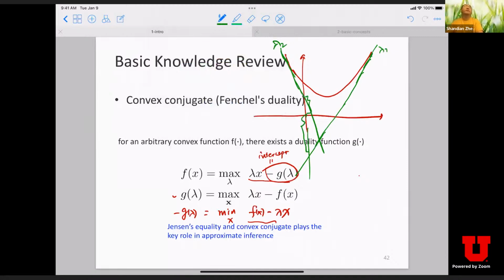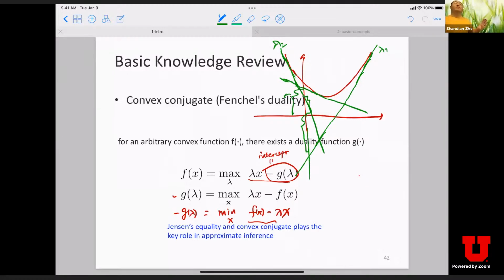So actually your intercept varies with lambda, the slope. Does it make sense? You can try a third one. If you choose a third slope in this way, you have a third intercept.